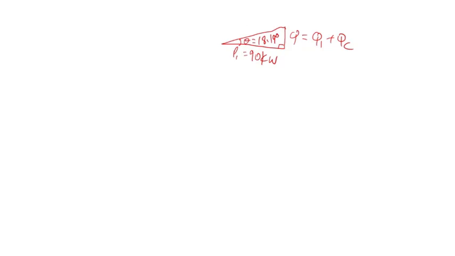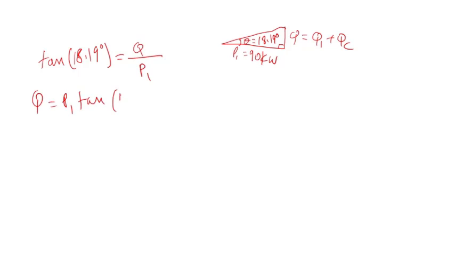That's the power factor angle that we're trying to correct to. So if I do some trig, tan of 18.19 degrees is equal to Q divided by P1. So Q is equal to P1 times tan of 18.19 degrees. And also we know Q is the sum of Q1 plus QC.